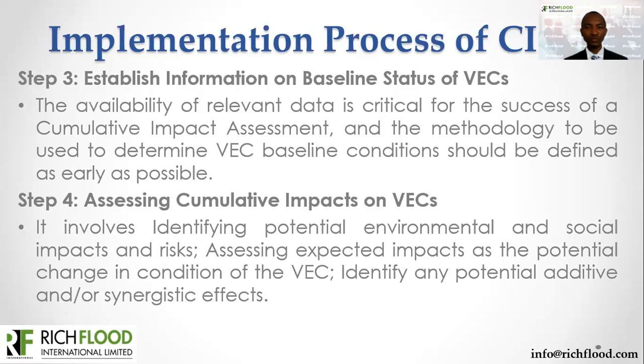And it involves identifying potential environmental and social impacts and their risk. It also involves assessing expected impacts as the potential change in condition of these valuable environmental components, that is, in terms of maybe the viability or the sustainability of the valuable environmental components.